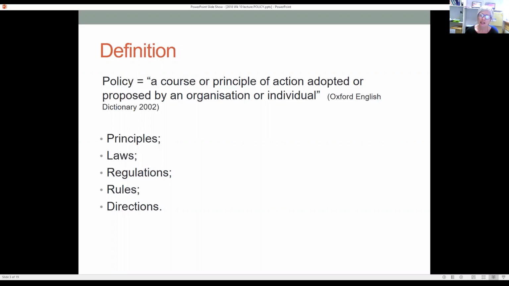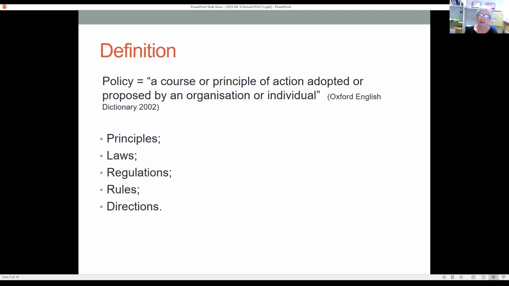The term is used in different ways, but there are some central features common to all good policy, and that includes: it states a matter of principle. The focus is on action, so stating what is to be done and by whom. It is an authoritative statement, so it's made by a person or a body with some power to do so.